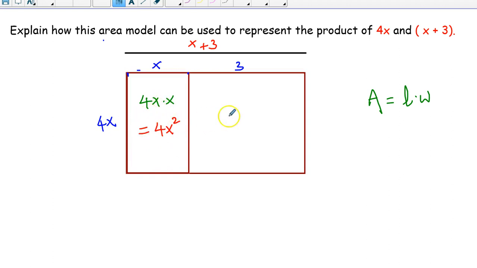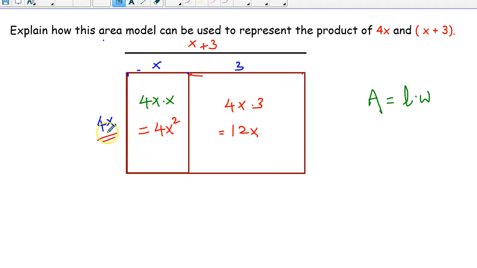Now, what is the area of the second rectangle? Again, length times width. My length is 4x times this width, 3. So 4x times 3 is how much? It is 12x. Alright. And what is the length and width of the whole big rectangle?